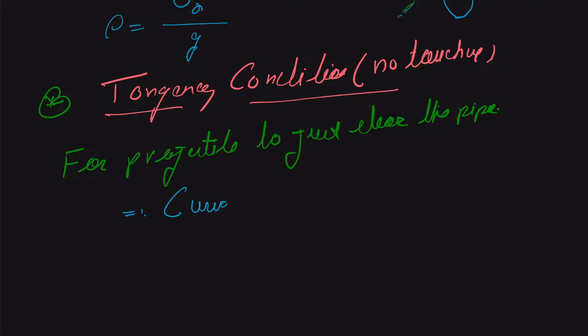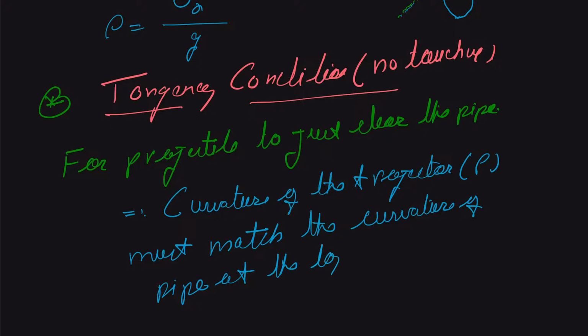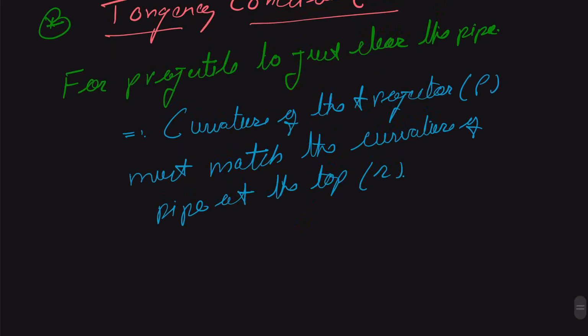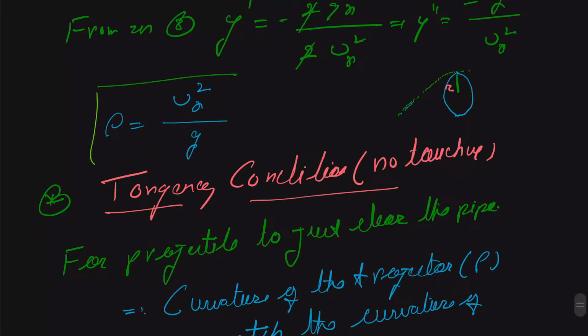So the curvature of the trajectory, which we just calculated as rho, must match the curvature of the pipe at the top, which is r. Therefore rho is equal to r, and we are going to substitute here.